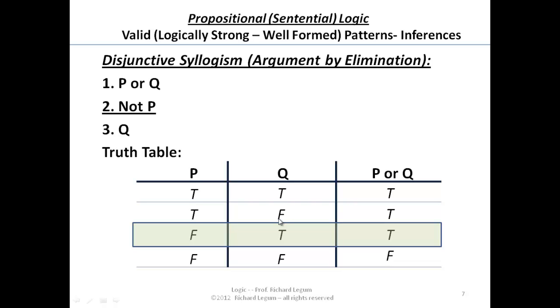So the truth table tells us very specifically that the pattern of argument that we know as disjunctive syllogism, or argument by elimination, is a valid argument. It's a truth-preserving argument.